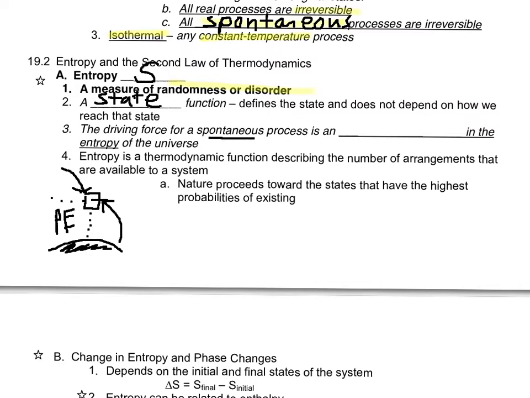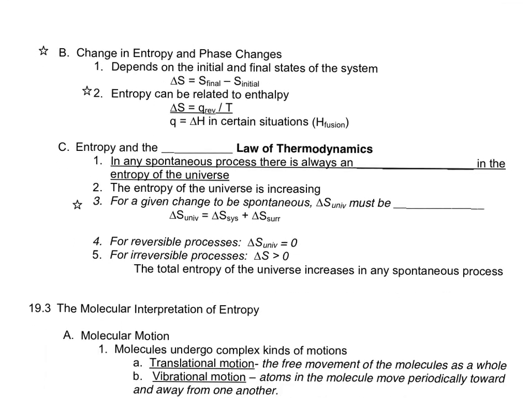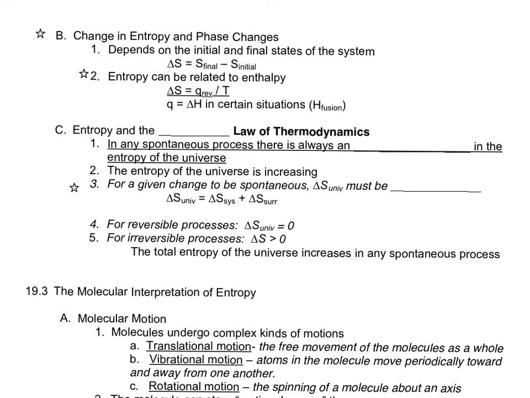Spontaneous reactions tend to favor increases in entropy. That means that reactions that tend to happen easily without any outside help tend to cause more disorder or more randomness within their system. You can relate entropy to enthalpy like this. You can use this equation right here.